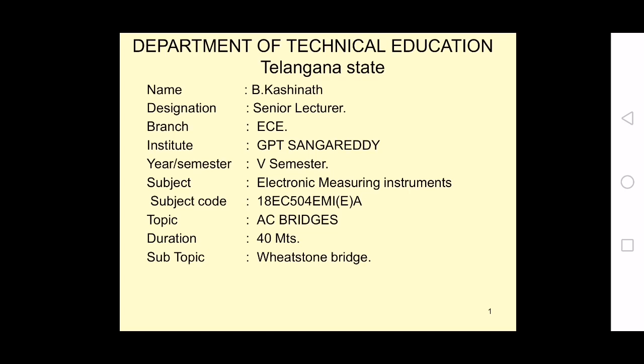On a bridge you have four arms. Three arms are connected with known standard values, and in the fourth arm you connect the unknown component, which may be a resistance, inductance or capacitance.